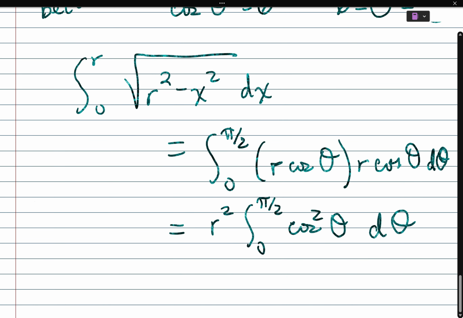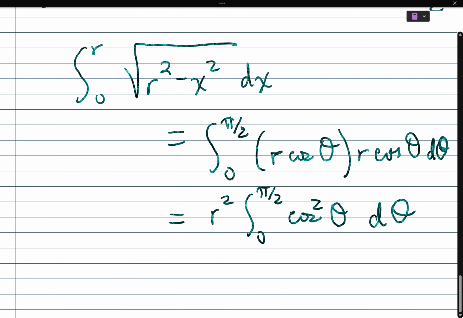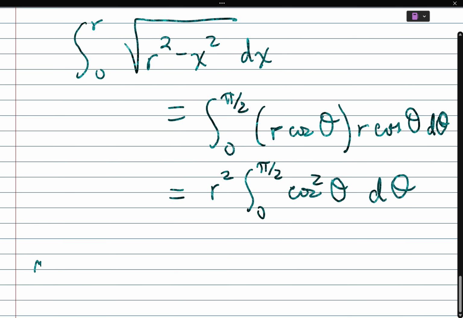So this trigonometric integral is probably similar to other ones that you have worked with, and probably similar to one that we've done as well, right? So we're going to integrate cosine squared theta by means of an identity, right? So cosine squared theta is equal to 1/2 times 1 plus cosine 2 theta.